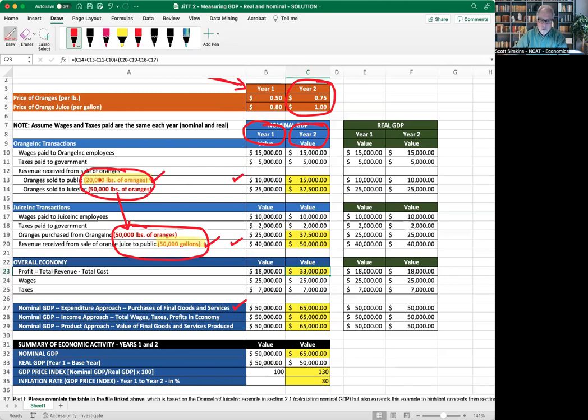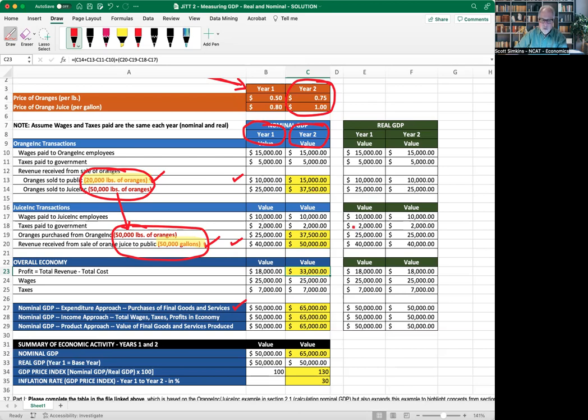So if there are oranges being sold to the public, 20,000 pounds, now at 75 cents per pound, that's going to be 15,000. And oranges sold to Juice Inc., those oranges are 75 cents. 3/4 of 50,000 is 37,500. Going to be the same number down here.